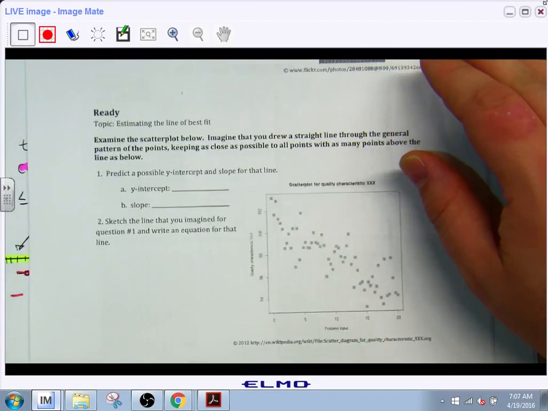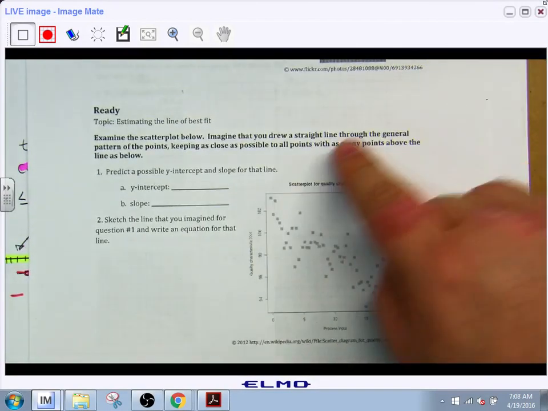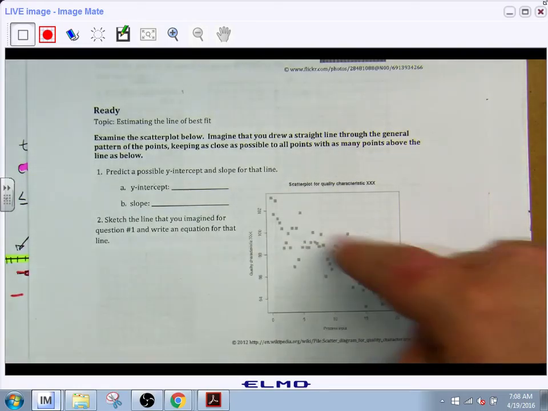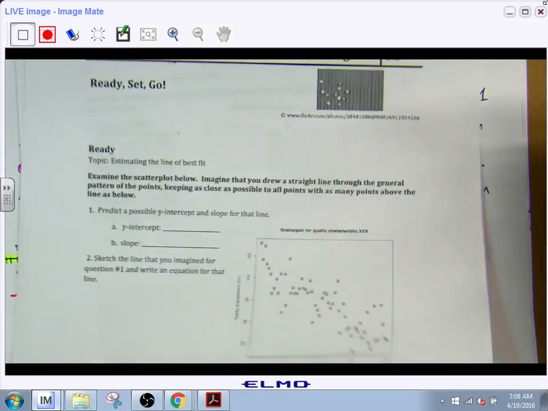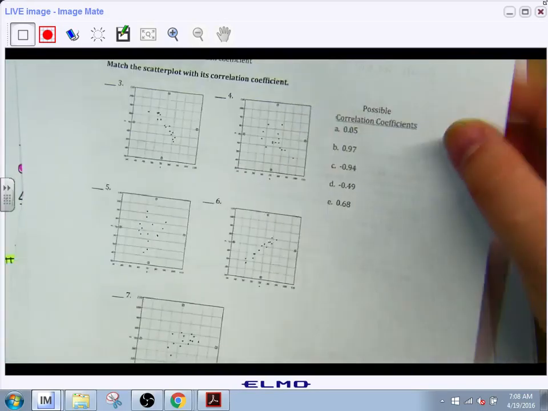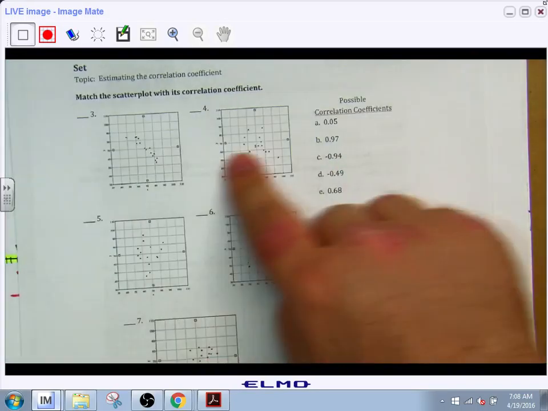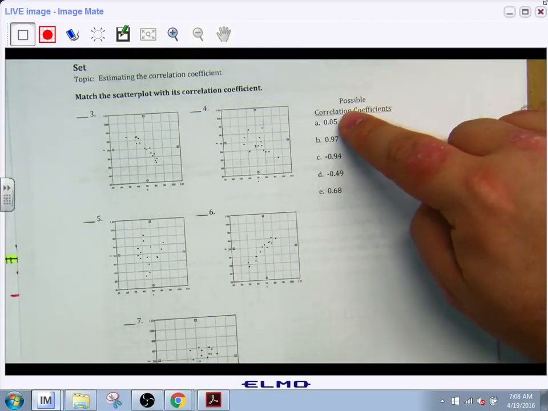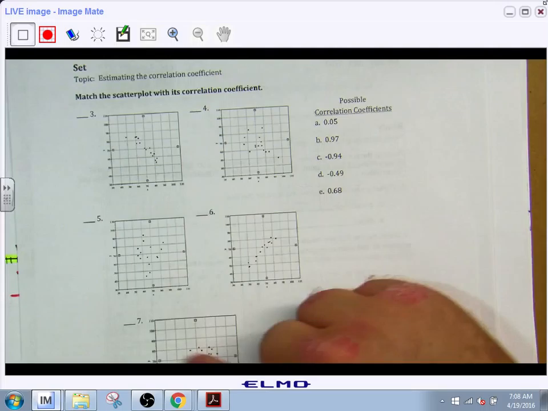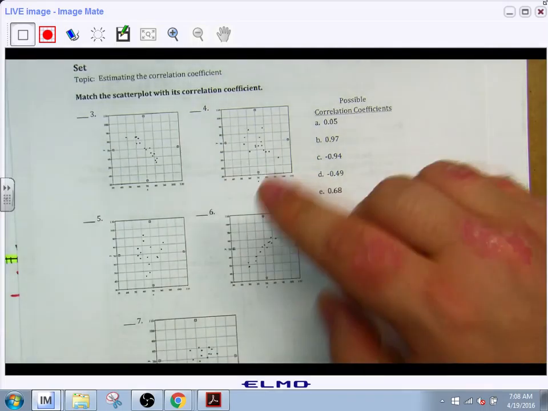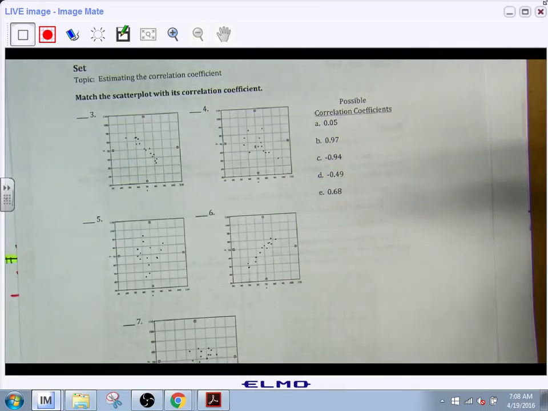Homework-wise, nothing too terrible, I feel like. You're going to predict the line of best fit, draw it in, and it's going to ask you the equation of that line. That's not terribly difficult. This one's going to ask you to rank them, what's strong, what's weak, what's positive, what's negative based on these scatter plots, and try to estimate their correlation coefficients.